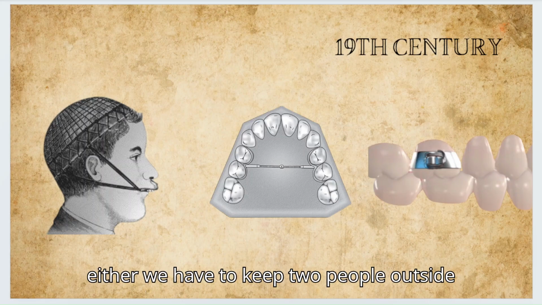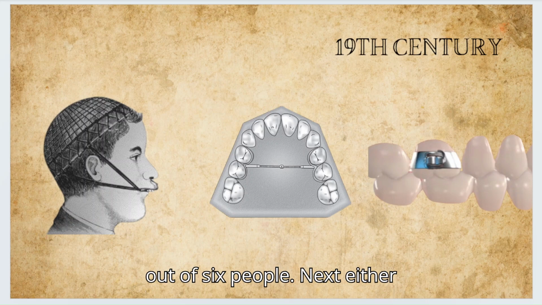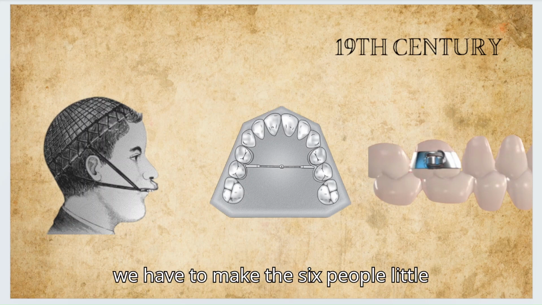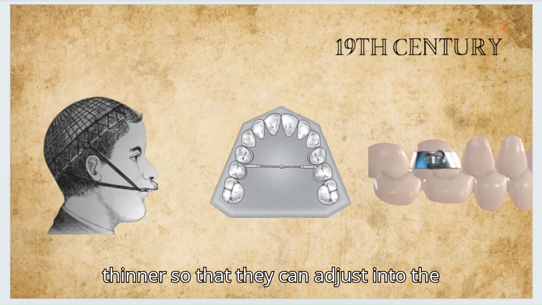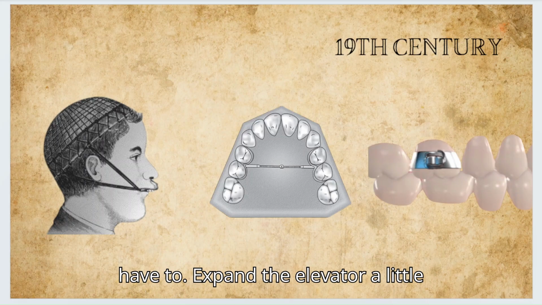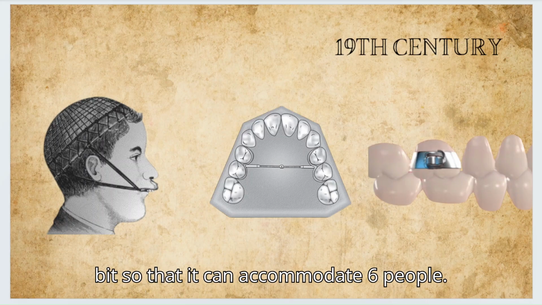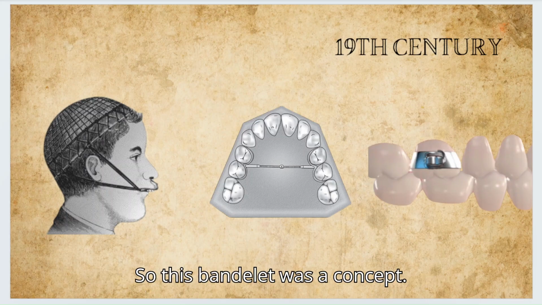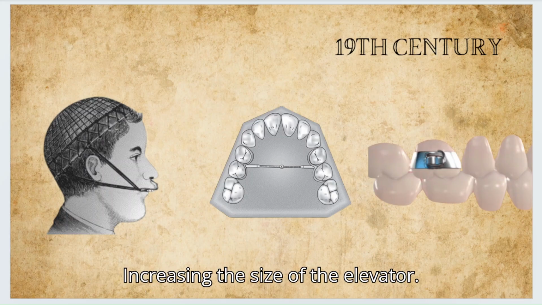First, either we have to keep 2 people outside out of the 6 people. Next, either we have to make the 6 people a little thinner so that they can adjust into the elevator, and third option was either I have to expand the elevator a little bit so that it can accommodate 6 people. So this bandelet was a concept of increasing the size of the elevator.